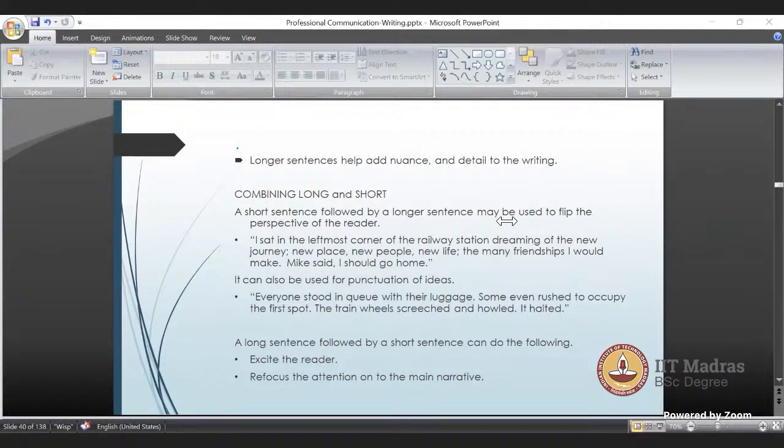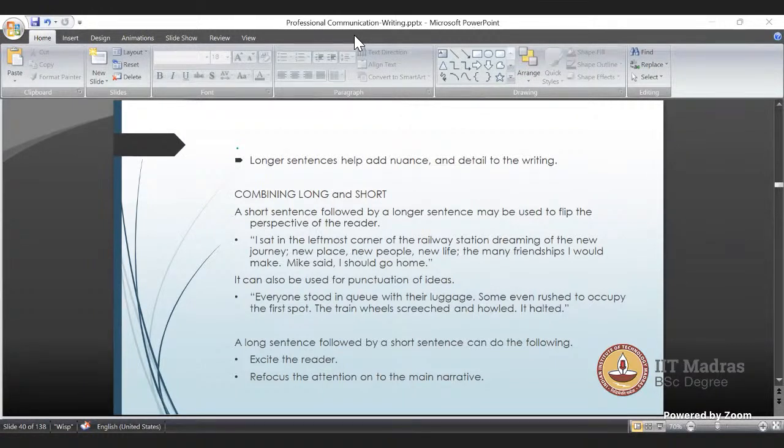Right, Shrestha, you're right. So all the three sentences that you see are all packed in that last sentence, it halted. That sentence, it halted, is a short form of everything that happened before, right? Everyone stood in queue with their luggage. Some even rushed to occupy the first spot. The train wheels screeched and howled. All of them are indicating towards what? The halting of the train, right?